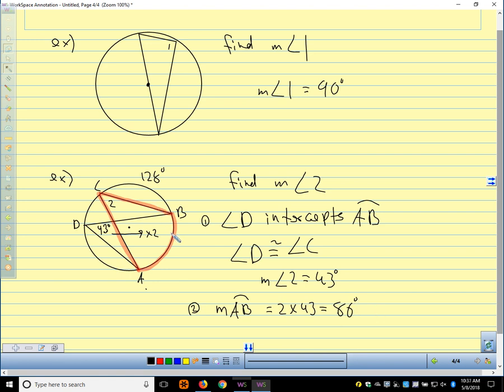And then to go from the arc to this angle, we divide by 2. So the measure of angle 2 is 86 divided by 2, which is 43.